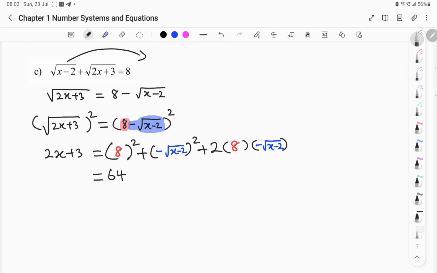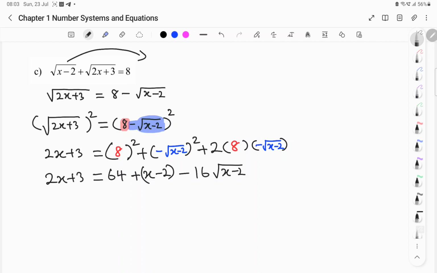Minus square root x minus 2 squared is plus x minus 2. Okay, and then this one is minus 16 square root of x minus 2. Okay, now we have 2x plus 3.